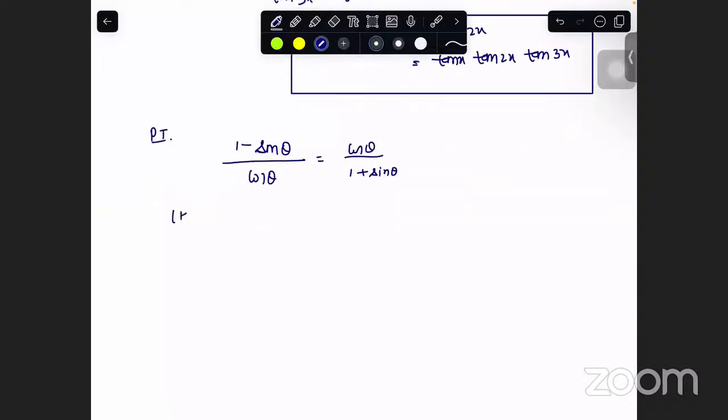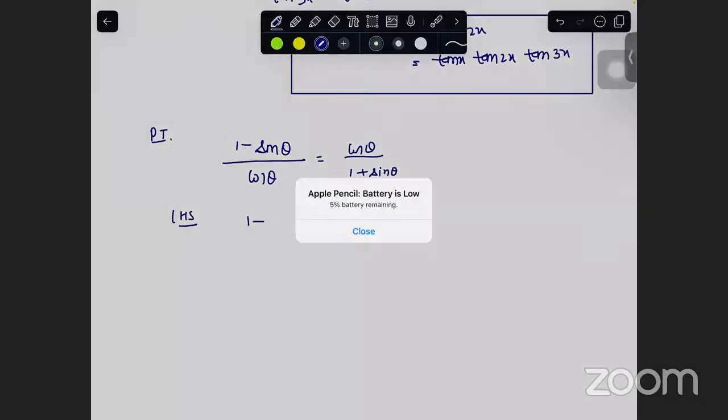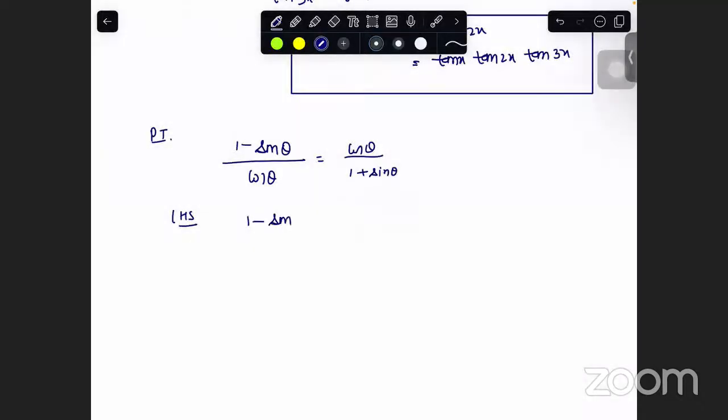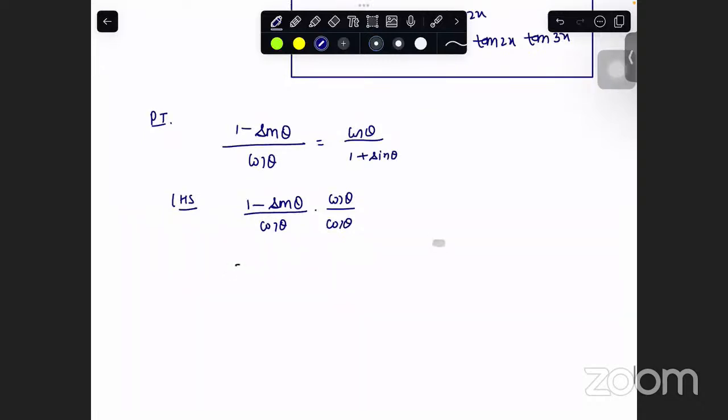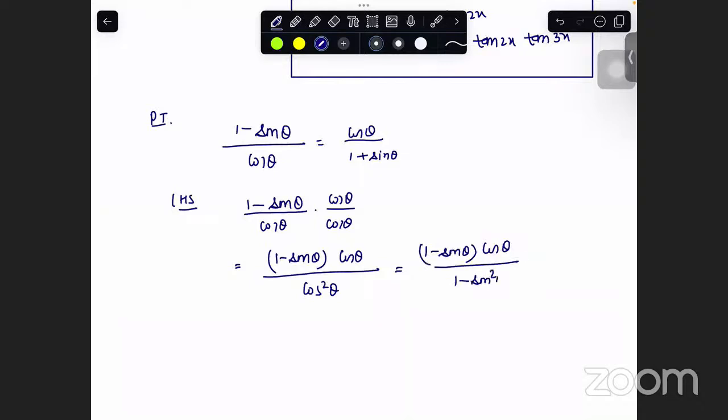See, if I take LHS, 1 minus sine theta upon cos theta. Let us multiply numerator and denominator by cos theta. So what do you get? 1 minus sine theta into cos theta upon cos square theta. Cos square will be 1 minus sine square theta.